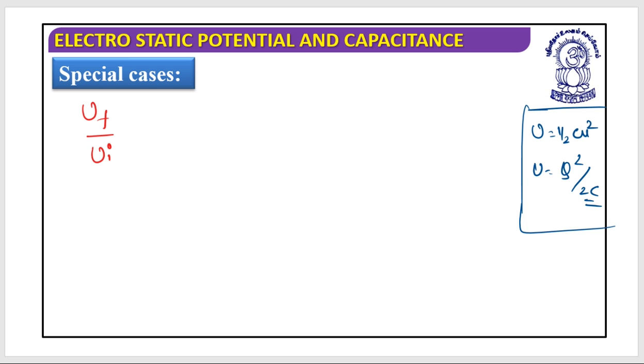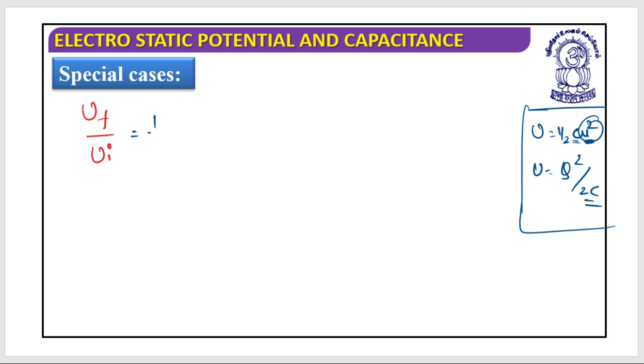Yes, so you must consider that this is the voltage, and in this case voltage remains the same. So what you can go with is that if I take a ratio, this depends on the C only.